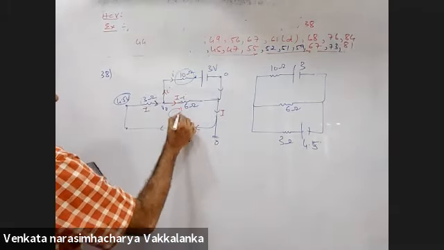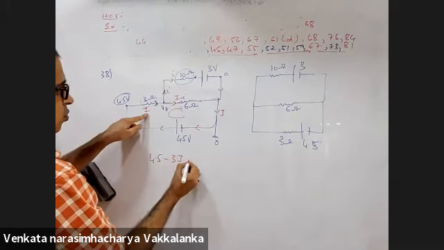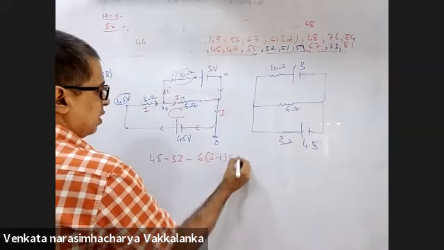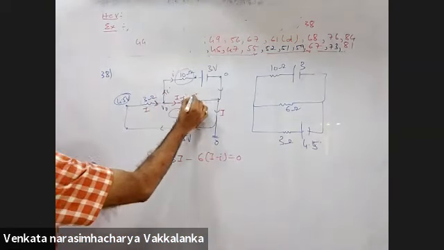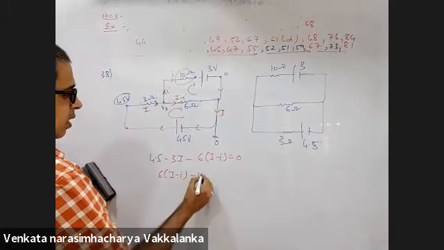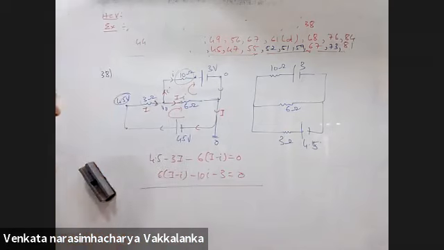Yes, sir. Apply KVL. This will be 4.5 volts minus 3I, minus 6 into (I minus i), equals 0. Now apply KVL to this loop. 6 into (capital I minus small I) minus 10I minus 3 is equal to 0.